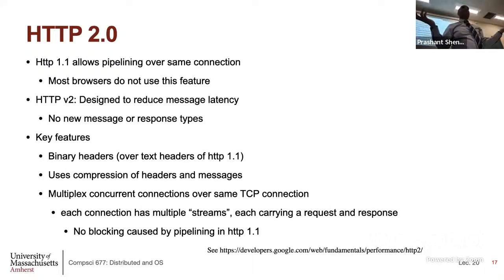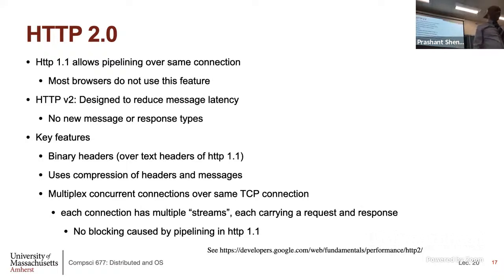Otherwise, you get a response, and you don't know which of the multiple outstanding requests it was for. So that solves the problem of persistent HTTP 1.1, because I can send multiple requests and get responses in parallel over the same connection. Okay? So there's no need to have multiple socket connections and no need to wait for requests. I can download in parallel.